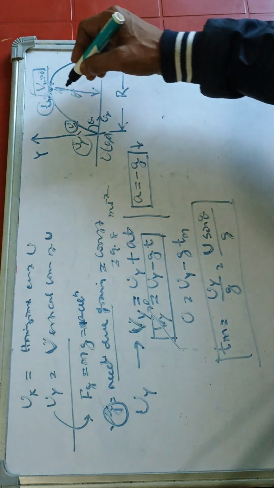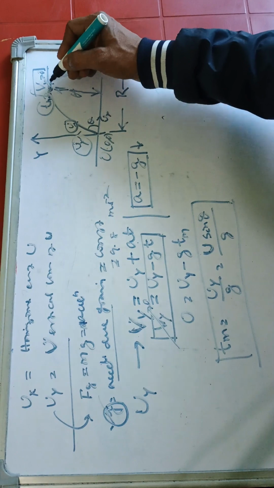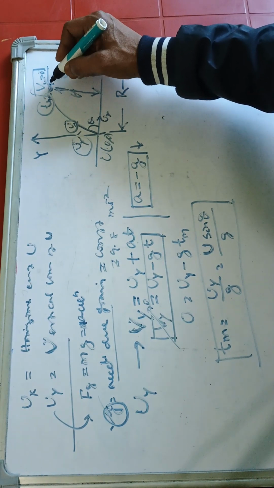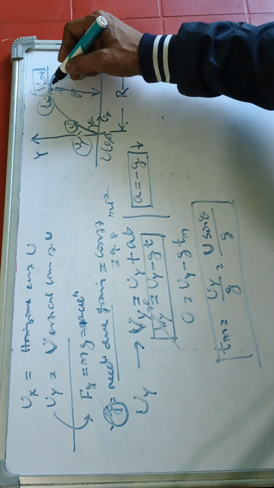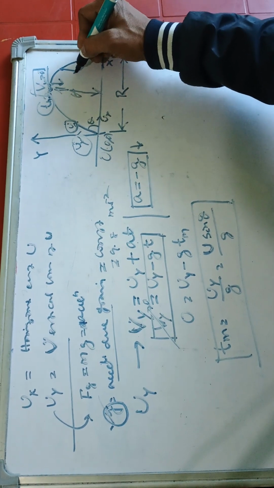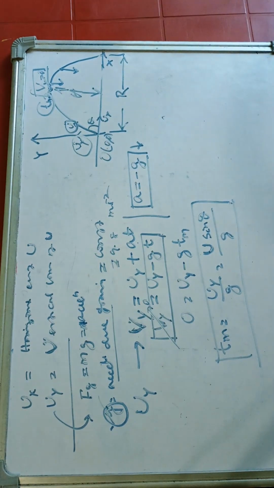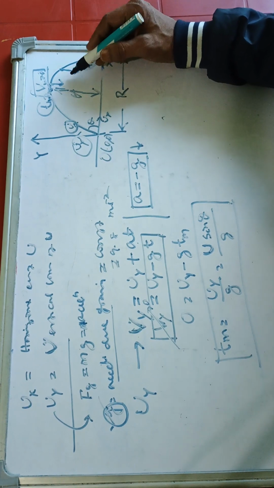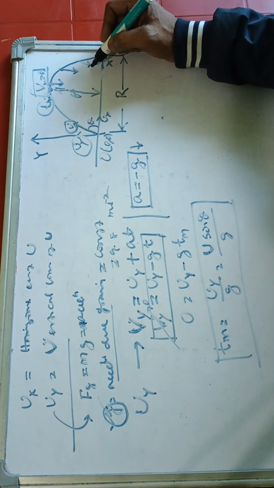Now, after attaining velocity 0, the vertical component of the velocity will again increase during the motion, and its direction will be towards the ground.